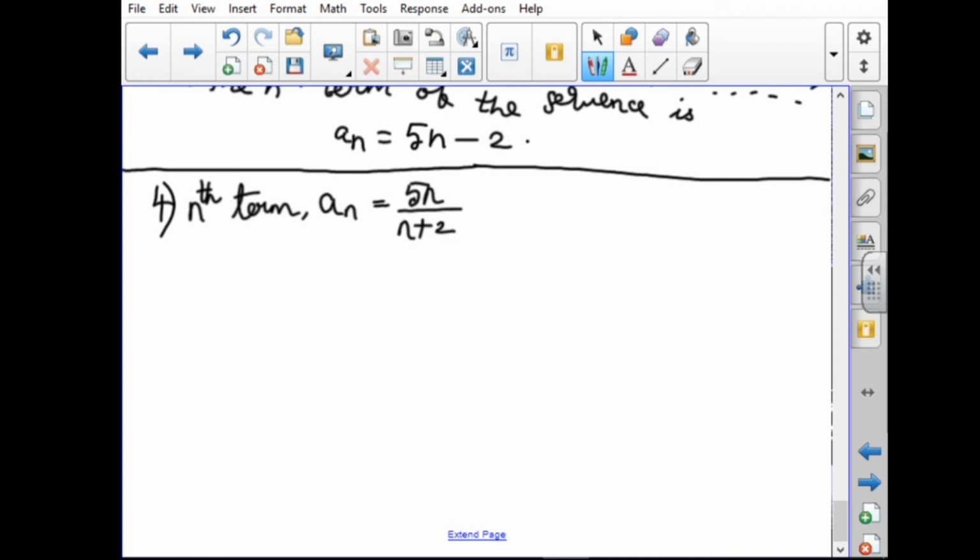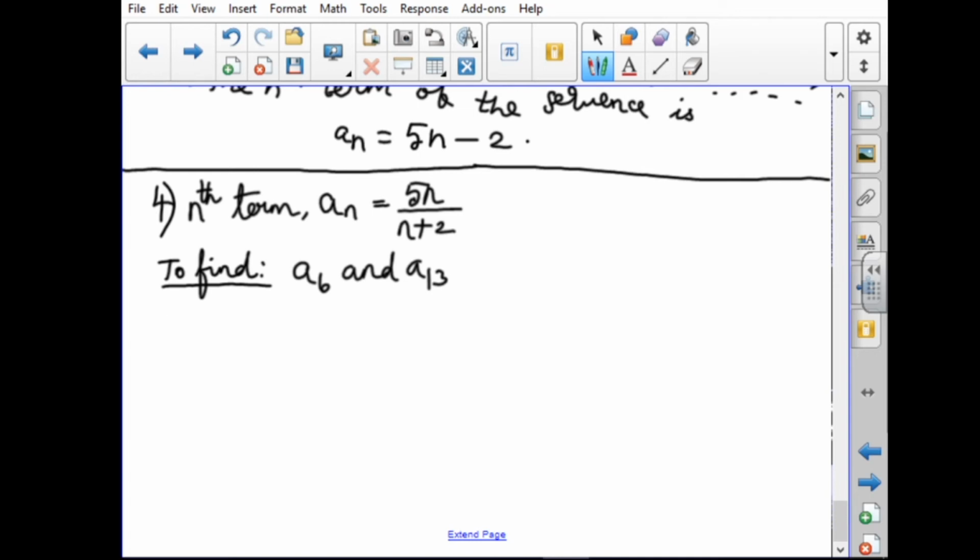We have to find a6, that is the 6th term, and a13, the 13th term.